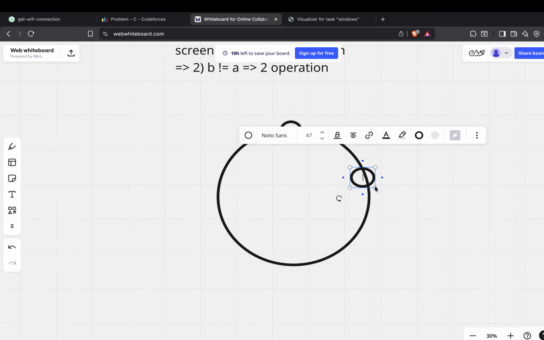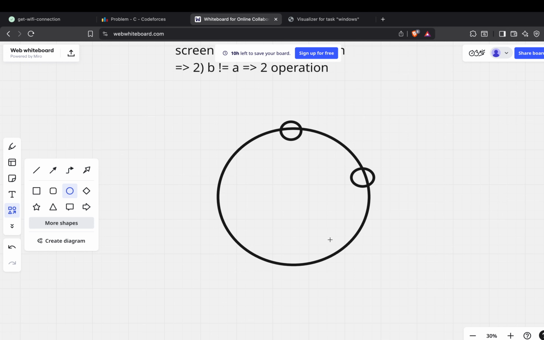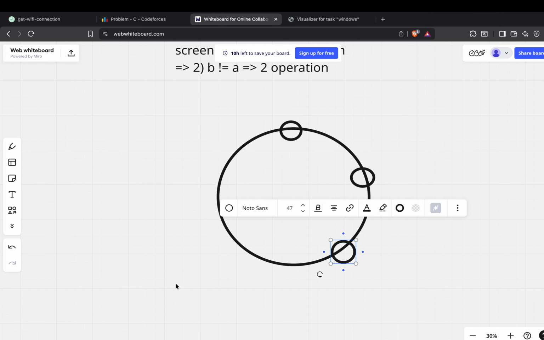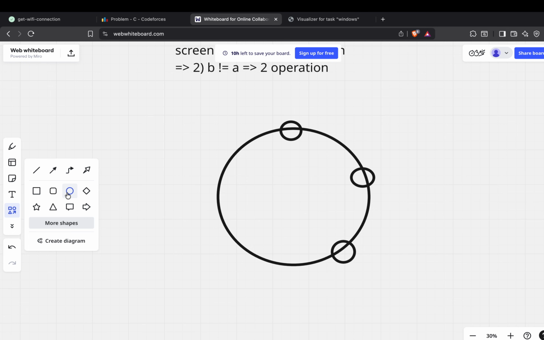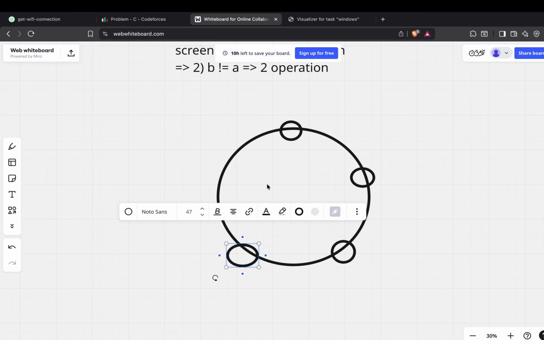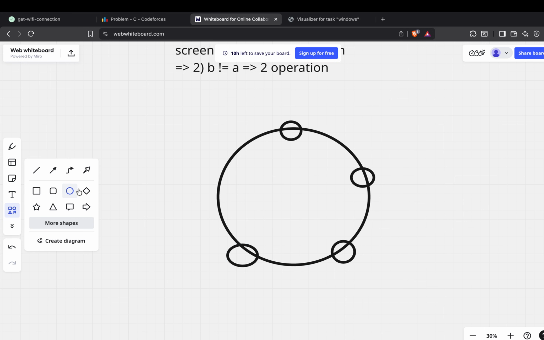Let's say these two nodes are neighbors, then this node, and at the end this.